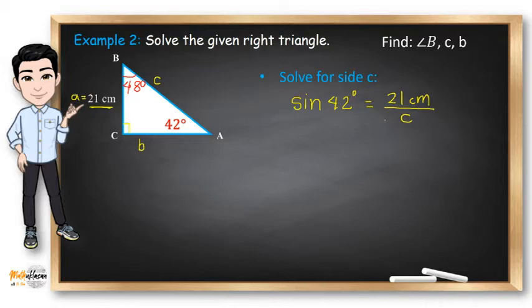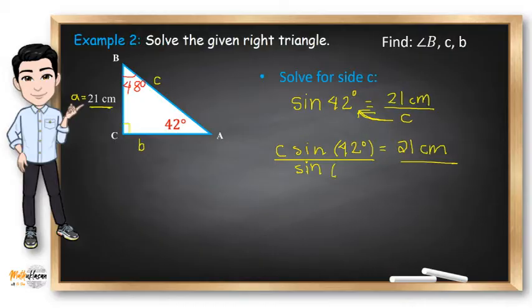To solve for C, you can actually cross-multiply these two terms. So, it will become sine 42 degrees. Ako kadalasan, nilalagyan ko pa nito para hindi ako nalilito sa value. At yung C ay nandito. Kasi cross-multiply natin yung C dito, di ba? Then, we have here on the other side of equation, which is 21 centimeters. And, of course, to solve for C, we need to divide both sides by sine 42 degrees.